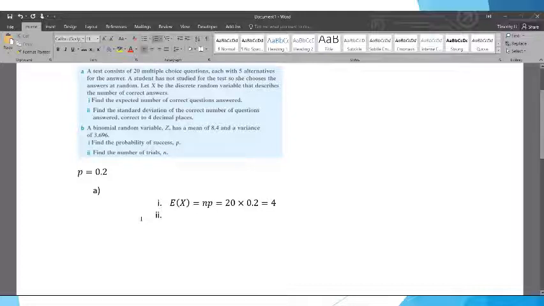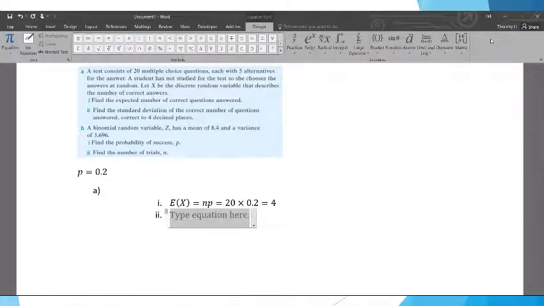Okay, part 2. Find the standard deviation of the correct number of questions answered, correct to 4 decimal places. Alright, so our variance, sigma squared, is np(1 minus p).